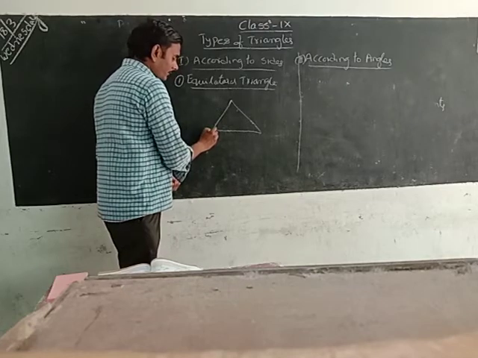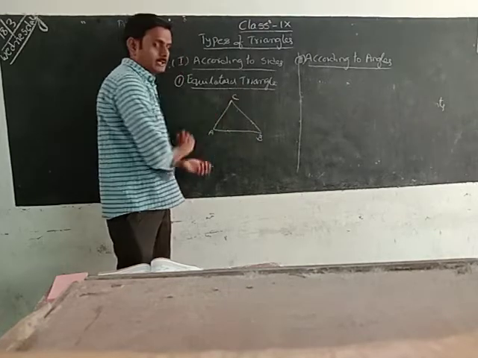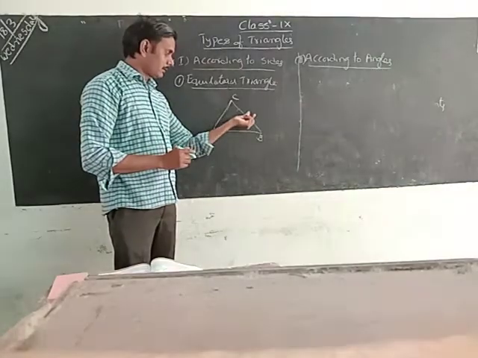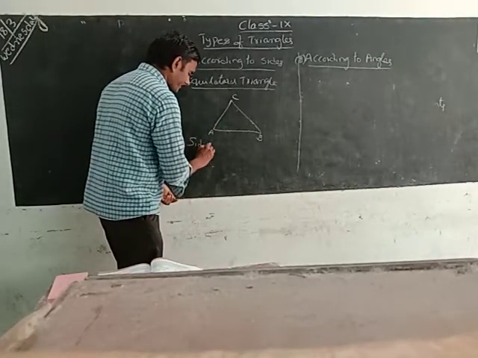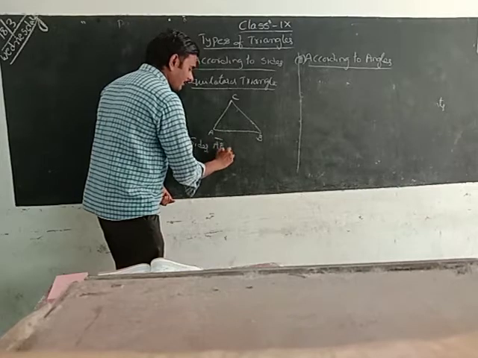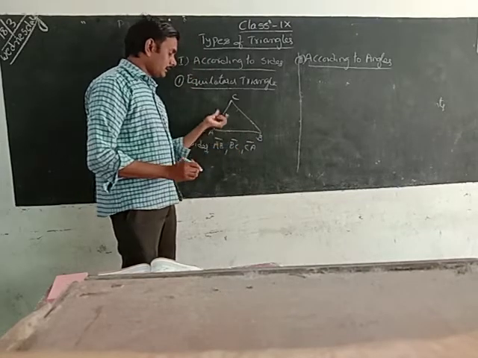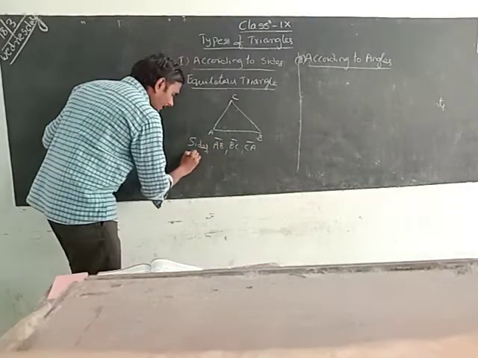For example, take triangle ABC here. The triangle has 3 sides. What are the sides here? AB, BC, CA are the sides. What are the angles?